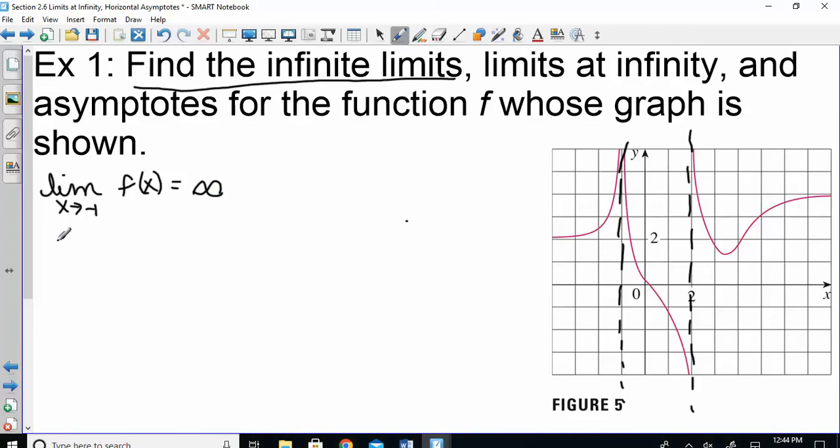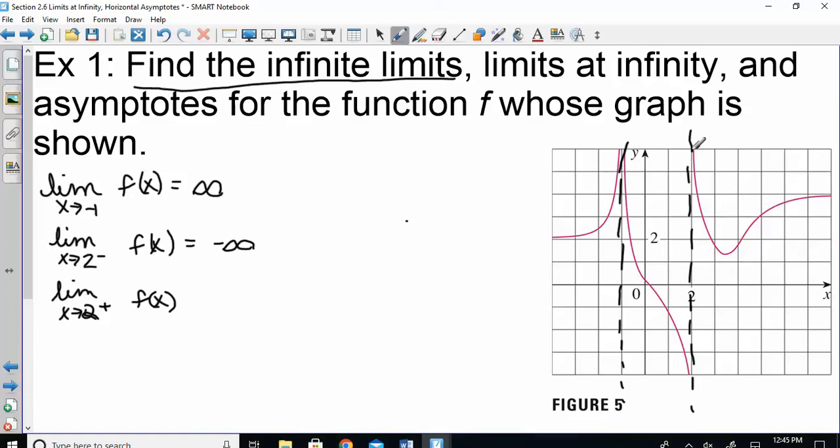No, we would have to do the left and the right separately. As we approach 2 from the left, if my x's are less than 2, where is this graph going?